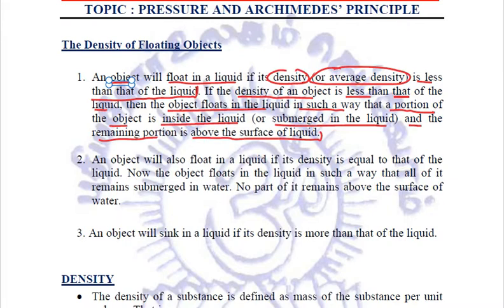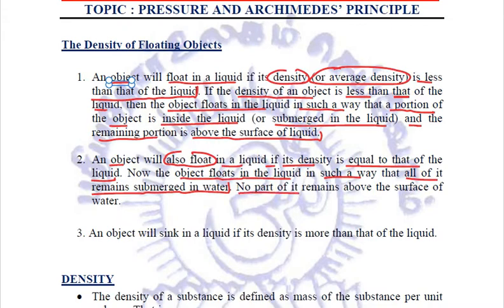The second scenario is that an object will also float in a liquid if its density is equal to that of the liquid. Now in this case, the object is going to float in the liquid, but the difference is that it is going to float in such a way that all of it remains submerged in water.